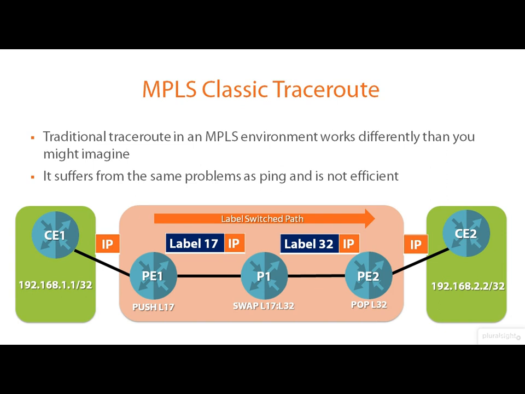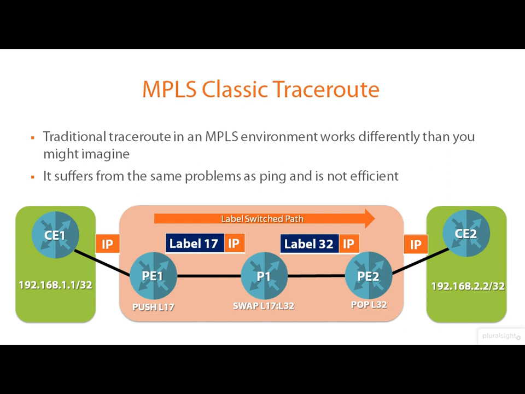Instead of P1 returning the ICMP TTL expired, it sent it all the way through the original LSP to CE2. CE2 then sent it back to PE2 to P1 to PE1 to CE1. And that's just the second hop. Then the same exact thing is going to happen to figure out the third hop, PE2. So you can see this is very inefficient and kind of quirky.